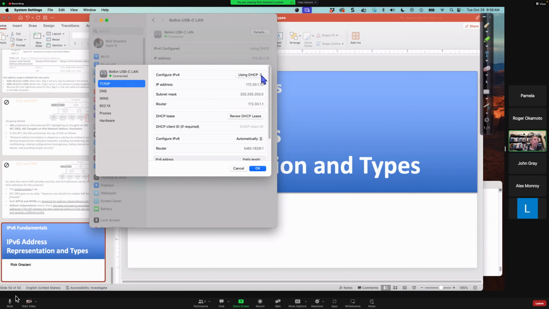Okay, manually. Yeah, you have to make sure that when you do your manual address, you have the right subnet mask and the right default gateway. Remember, your router has a default gateway address. You need to make sure that you have an IP address and subnet mask that's on the same network as your router, or you won't be able to get out.